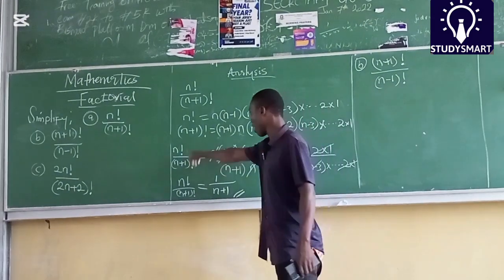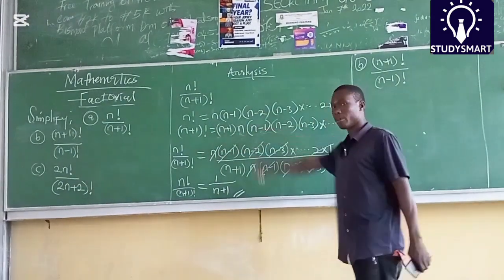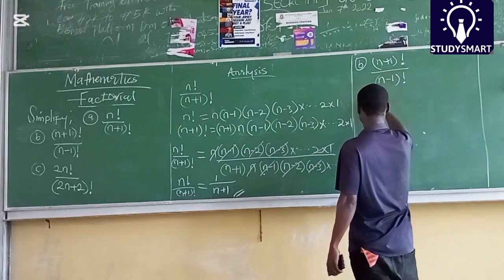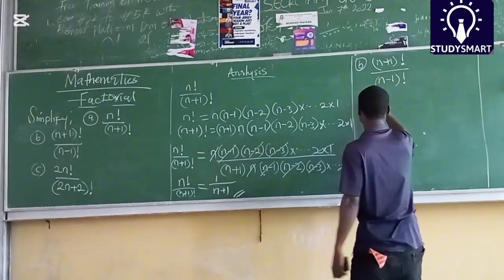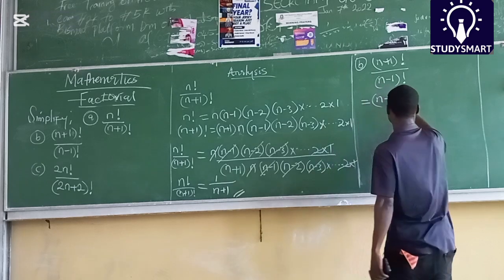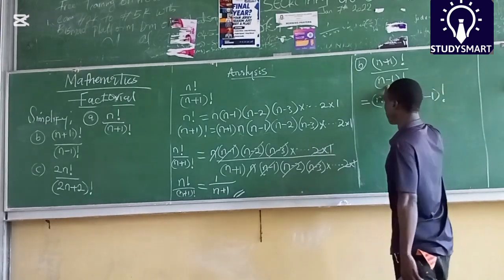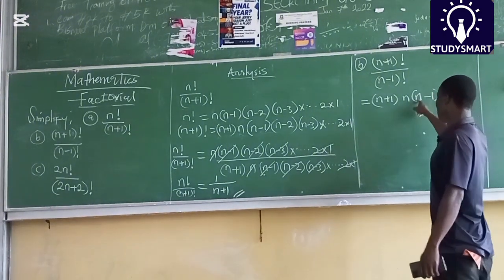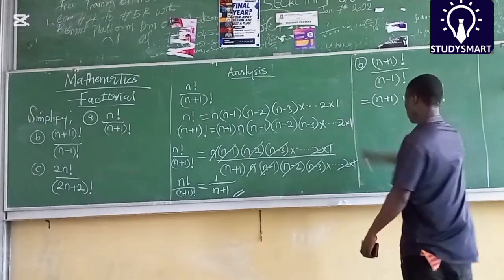We have n plus 1 factorial to be the whole of it, meaning that we can also stop here. So what that means is that n plus 1 factorial is equal to n plus 1 into n into n minus 1 factorial, so that we can cancel it out. This n minus 1 factorial means the continuation of this whole stuff down to 1.